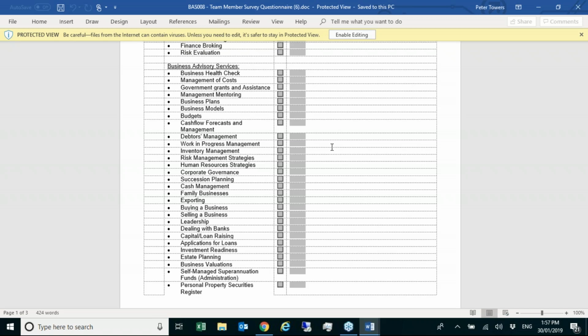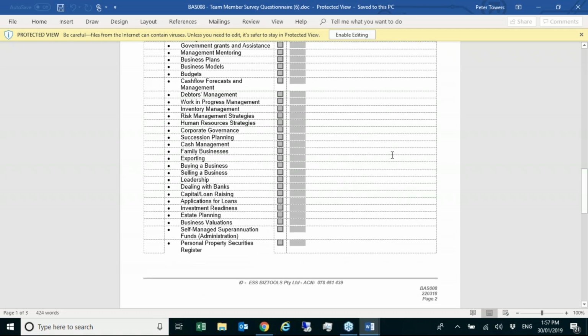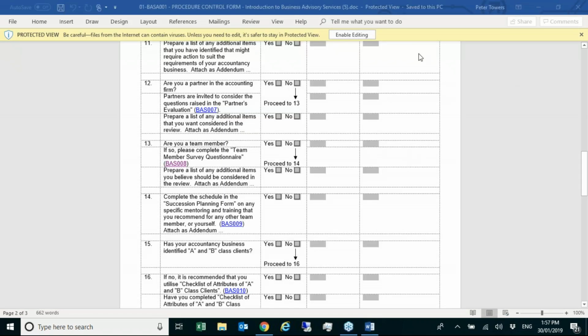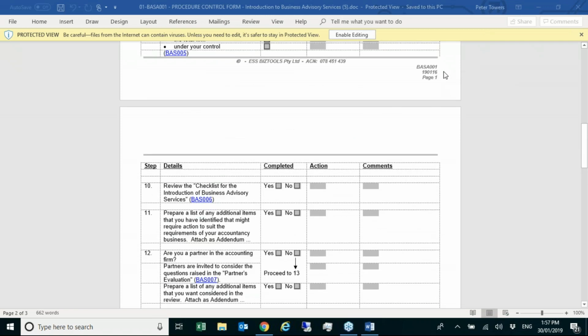But if the whole team understand what you're trying to achieve in business advisory services by having gone through this training process, I think there's far more potential for them to cooperate in making sure that the clients are aware of it. Okay? Yeah, I agree. So that's what that's all about.